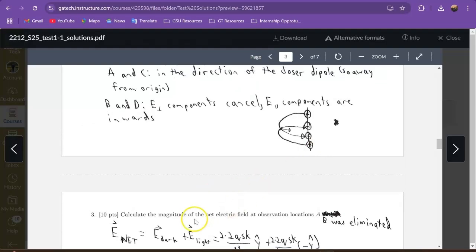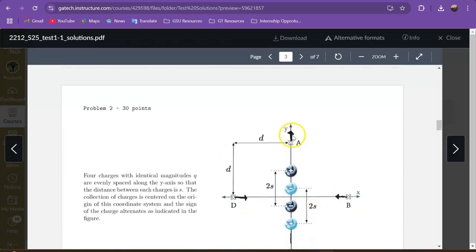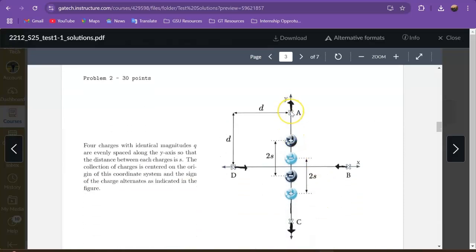So then we're asked to calculate the magnitude of the net electric field at an observation location A. So what we do is we take the sum of the electric fields of the dark dipole and the light dipole.